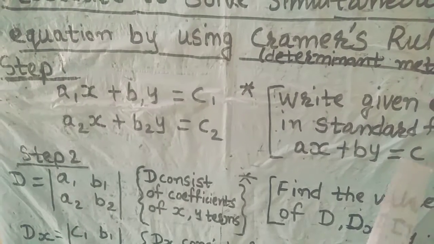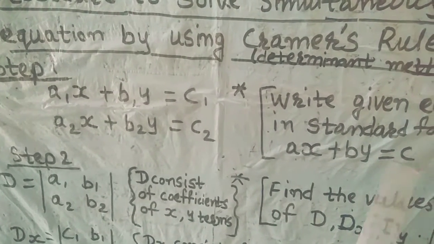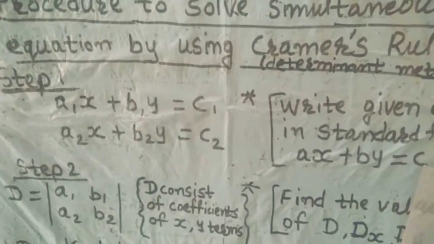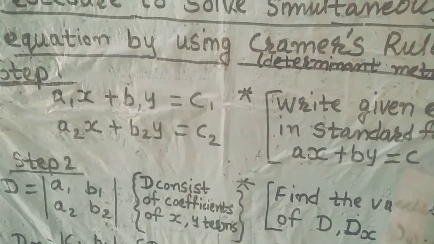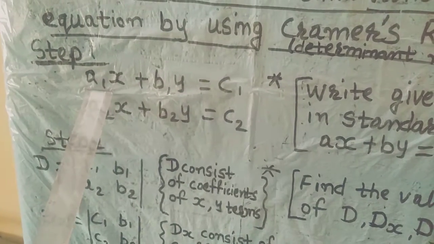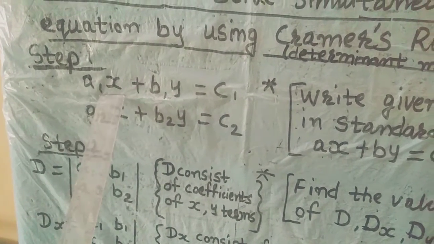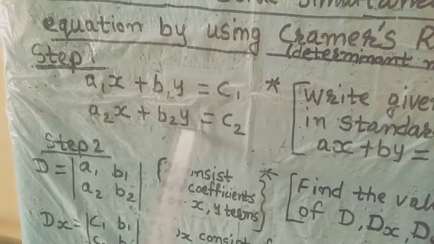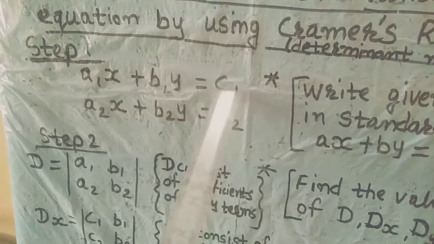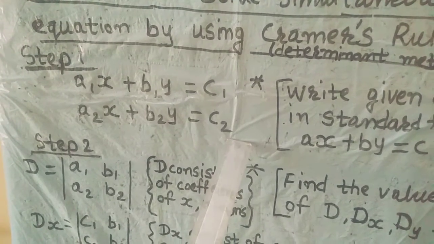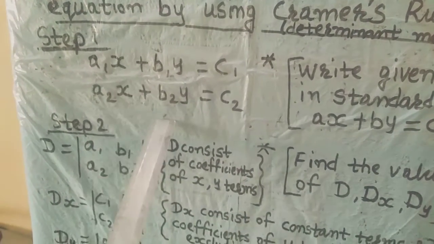Most of the students make mistakes here. So our equations are a1x plus b1y is equal to c1, a2x plus b2y is equal to c2. Constant terms are on the right hand side of the equal to sign. So this is our first step.